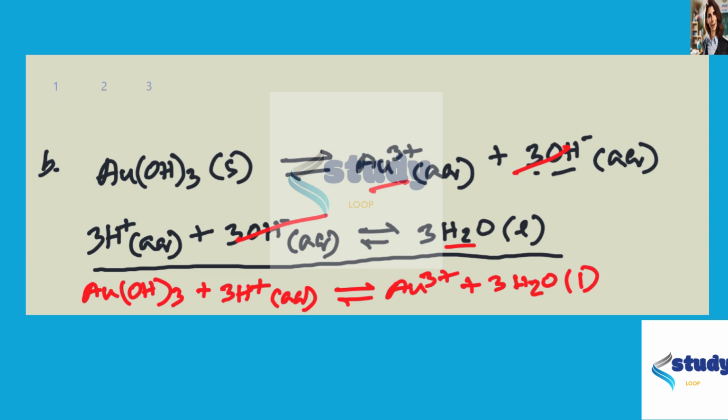So now what will be the equilibrium constant expression for this net equation? The Ksp value we have is basically for the first reaction, which we are given as 5.5 times 10 to the minus 46.